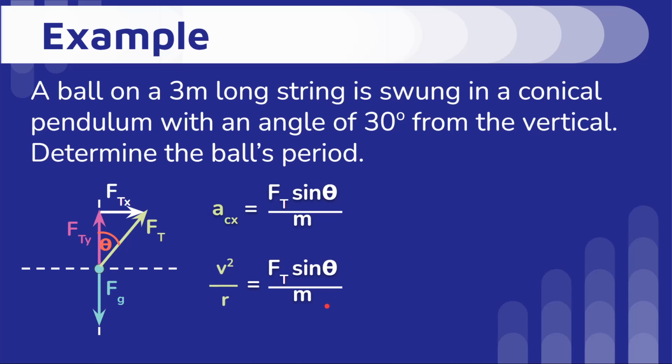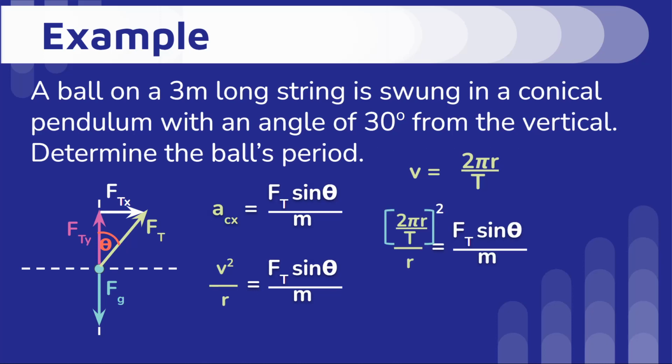And that's helpful because once I get velocity in there, I can get period in there. I know that I'm looking for period, and I know that tangential velocity is 2 pi r over period. So there's the period I'm trying to get into my equation. And so I can substitute that in. 2 pi r over T, all of that squared, because that's v, over r equals Ft sine theta over m.